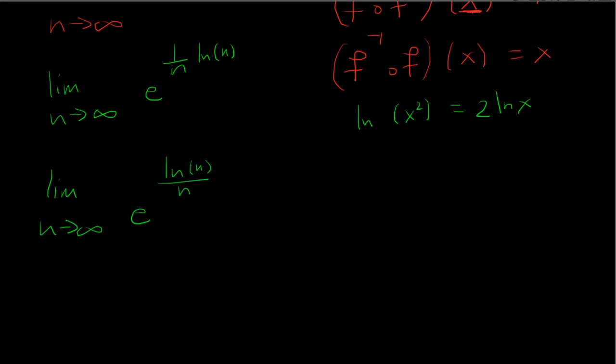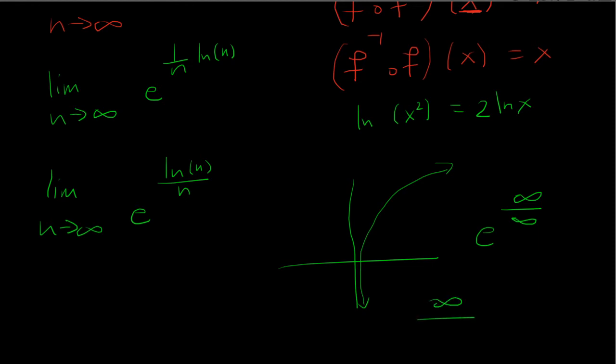And as n approaches infinity, we know that natural log of x looks something like this, and so it approaches infinity, and so does n. So that's a good sign, right? We have infinity over infinity, so it makes sense to use L'Hopital's rule eventually. But the problem is I have e to the infinity over infinity. That is not the form I want.